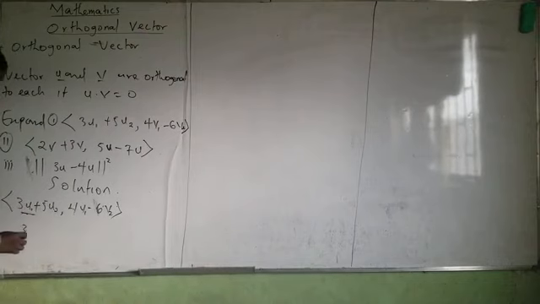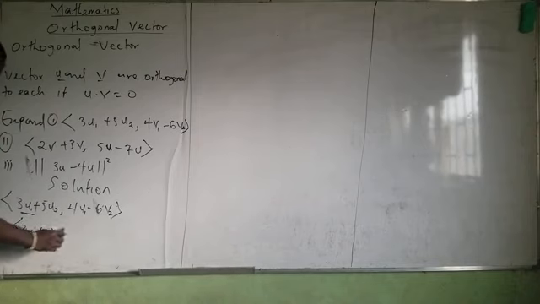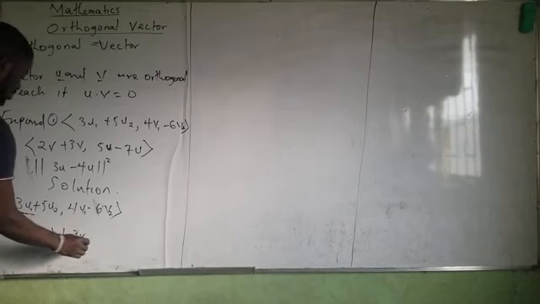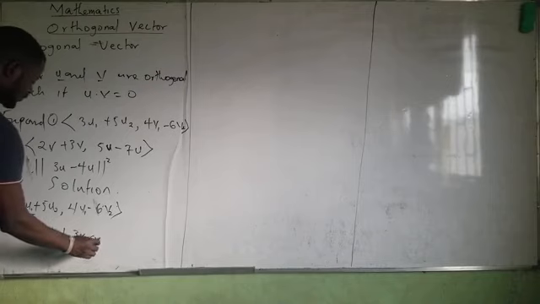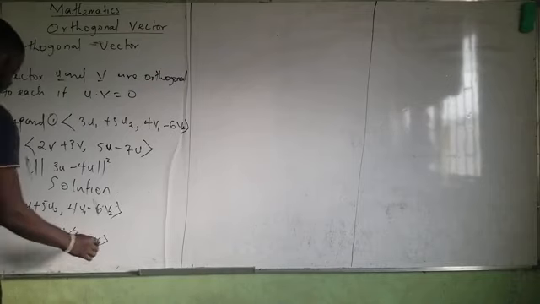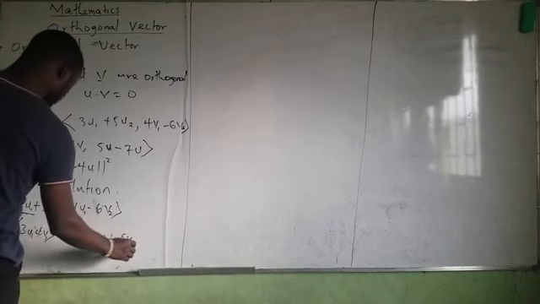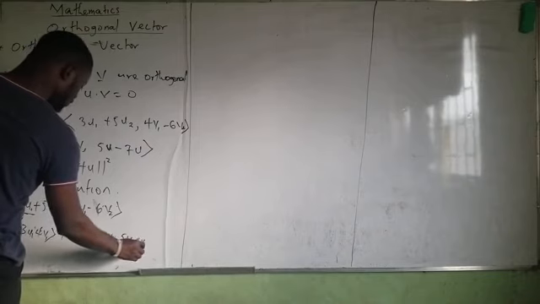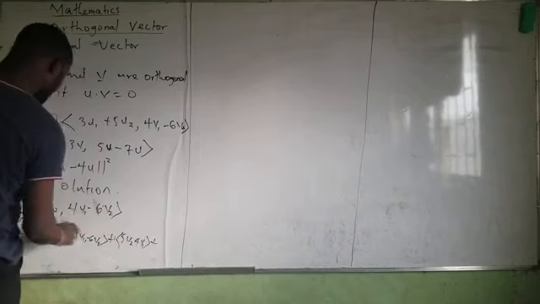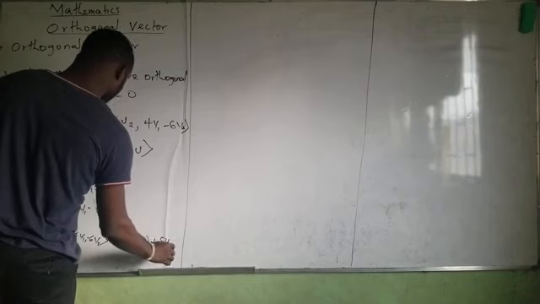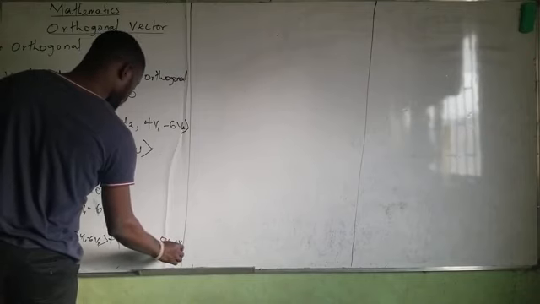This and this, 3u1 4v1, plus this times this, I have 3u1 minus 6v2, plus this times this, I have 5u2 4v1, plus this times this, I'll be having 5u2 minus 6v2.